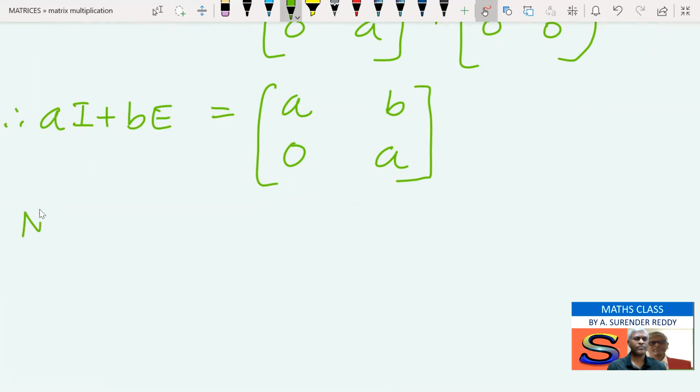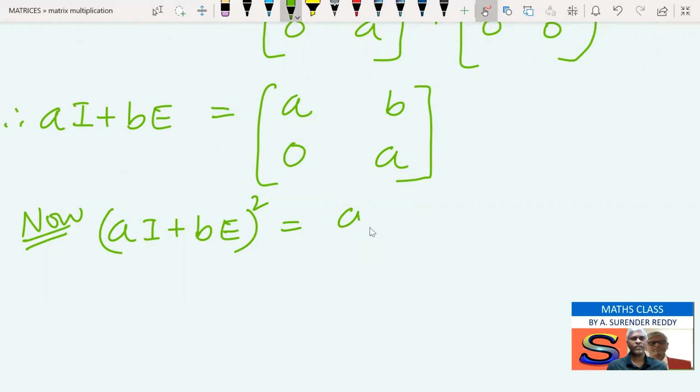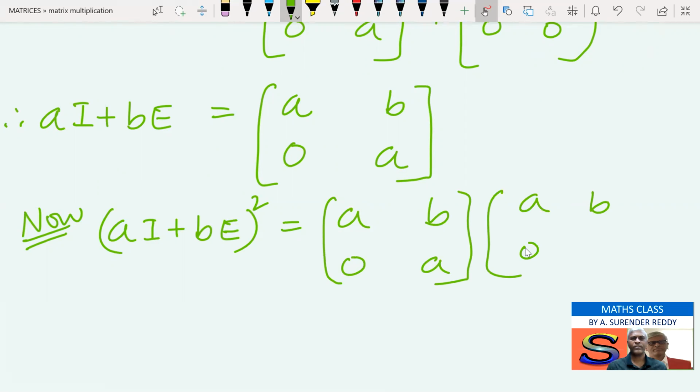So now let us find its square. aI plus bE whole square is the matrix a b 0 a into a b 0 a.